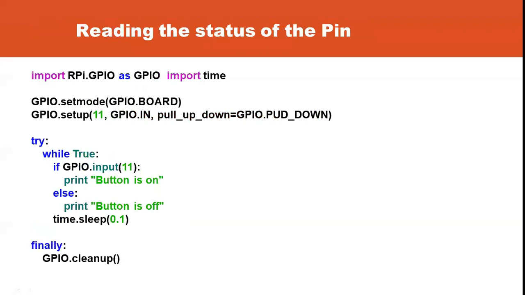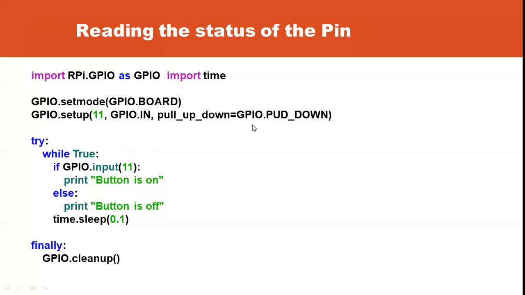Now suppose we want to read the status of a pin, whether a particular pin value is high or low. We can use this particular code. Here we are associating pin number 11 as the input.